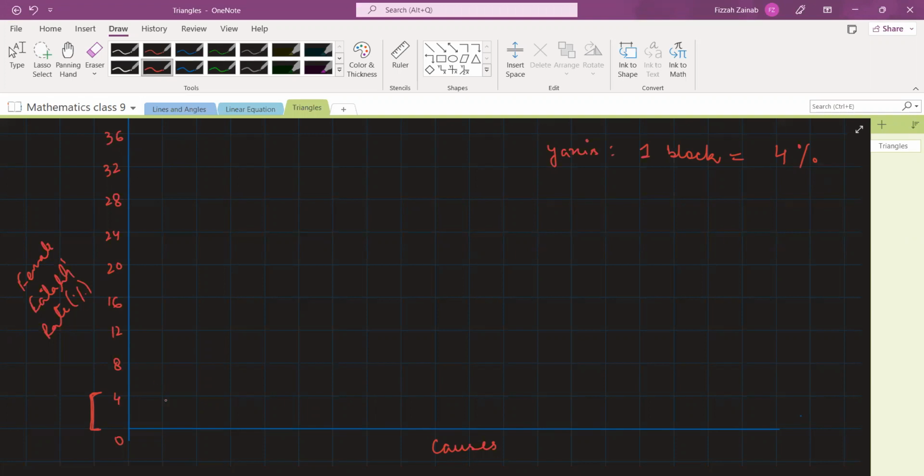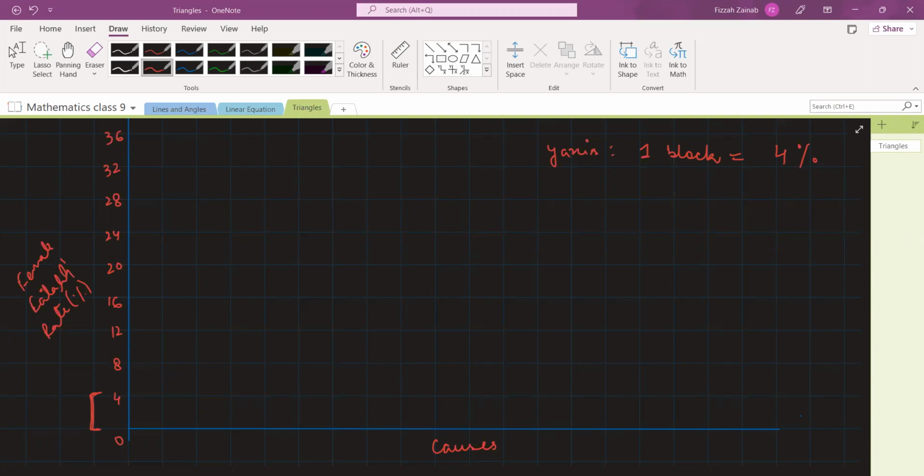Now let us plot it. First is reproductive health conditions, which is 31.8.